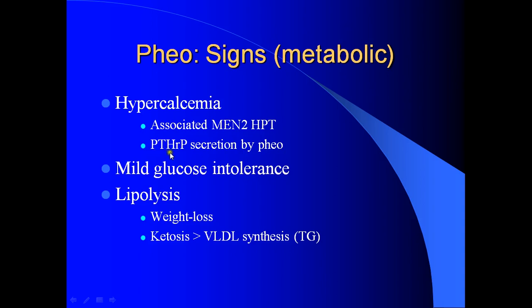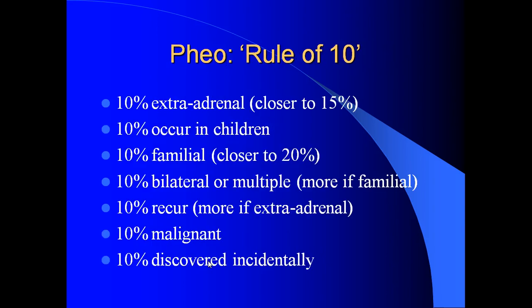When PTH related peptide is released, this can also cause hypercalcemia in these patients. It also causes mild glucose intolerance and lipolysis, resulting in ketosis because of the increased VLDL synthesis.